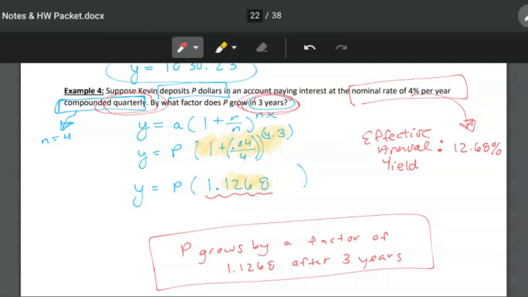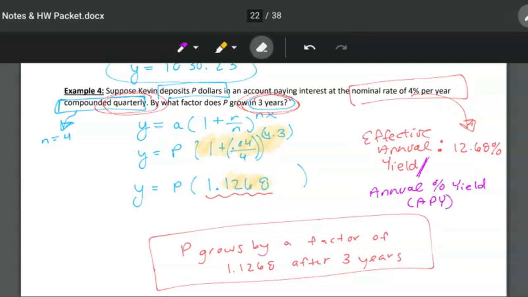Another vocab word to know, I think our book uses this as well. Effective annual yield can also be referred to as the annual percent yield. Sometimes they call it APY. So just think nominal rate is what they advertise. Effective annual yield is what you actually get.